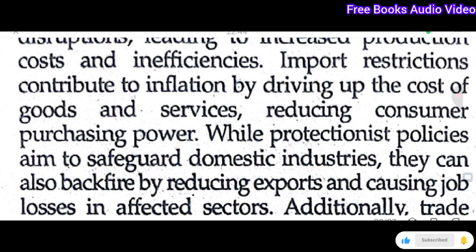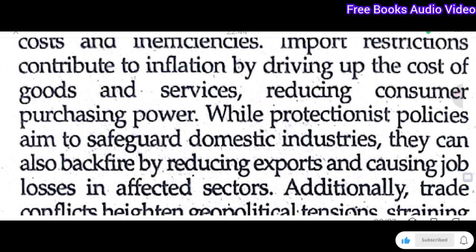inefficiencies. Import restrictions contribute to inflation by driving up the cost of goods and services, reducing consumer purchasing power, while protectionist policies aim to safeguard domestic industries. They can also backfire by reducing exports and causing job losses in affected sectors.